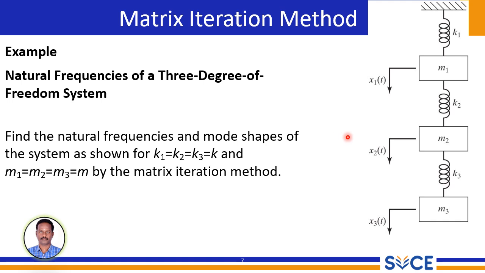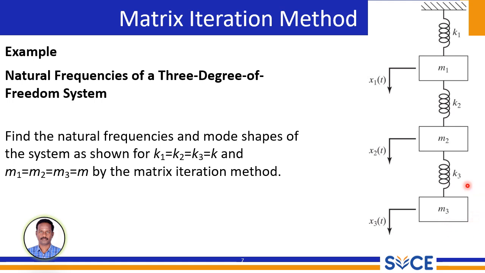Imagine we have three masses labeled M1, M2, M3 connected by springs. The first mass M1 is attached to a fixed point by a spring with stiffness K1. Mass M1 is also connected to mass M2 by a spring with stiffness K2. Finally, mass M2 is connected to mass M3 by a spring with stiffness K3.